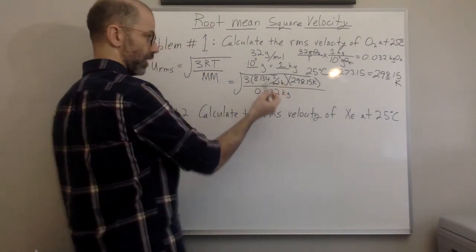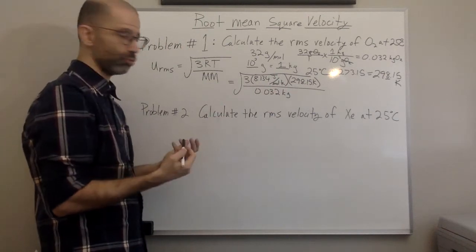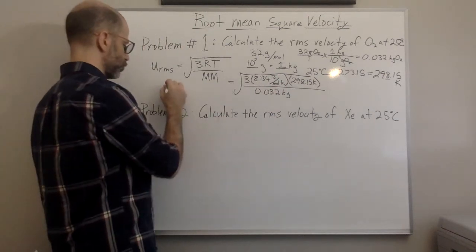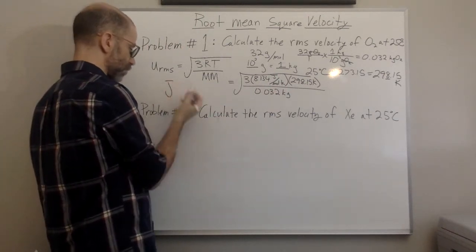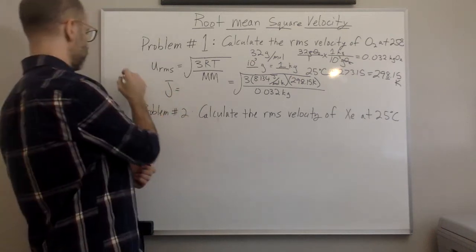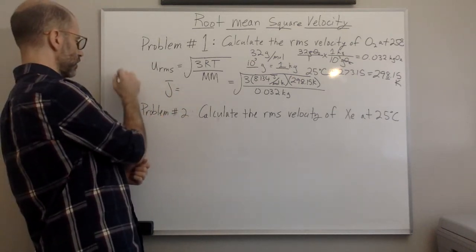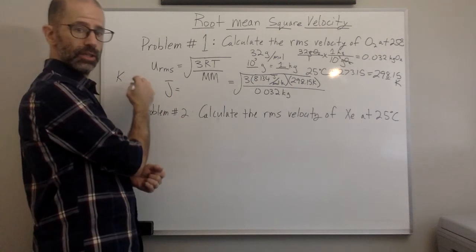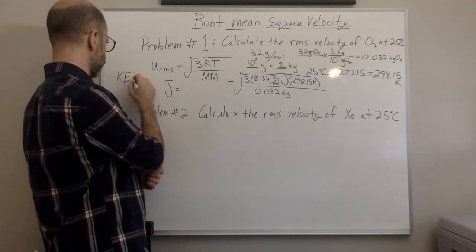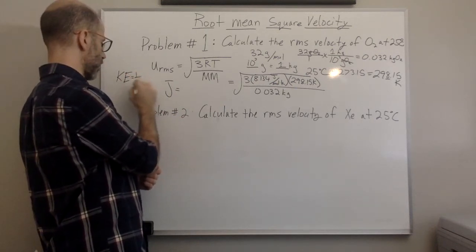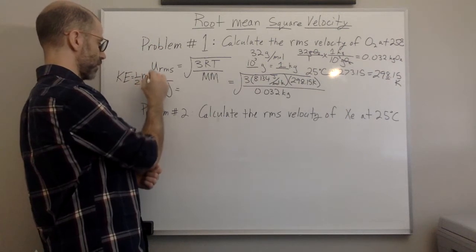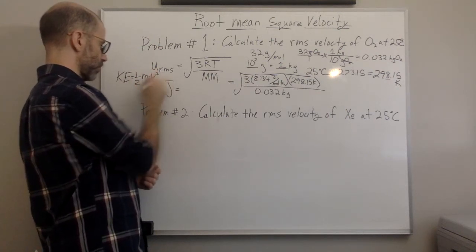Okay, joule. This is why it's important to remember what a joule stands for. A joule is energy, right? And kinetic energy is equal to 1/2 mass times the velocity squared.